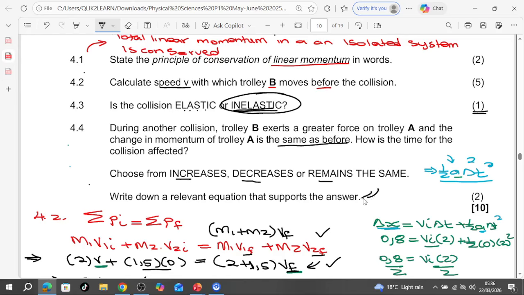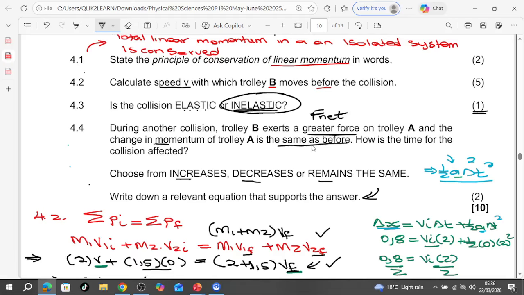Obviously, I'm going to use an equation first before I can even know which one is the correct one to choose. I'll first write an equation. That's what I'm going to do. So during another collision, trolley B exerts a greater force. Which force are they talking about? The F net. Right? And the change in momentum of trolley A is the same as before.